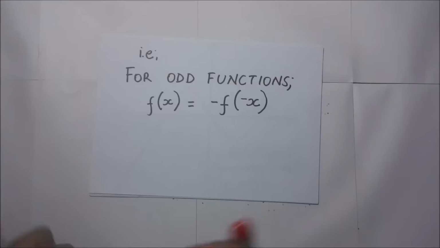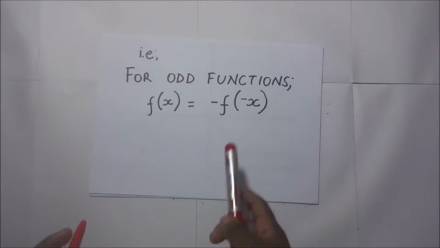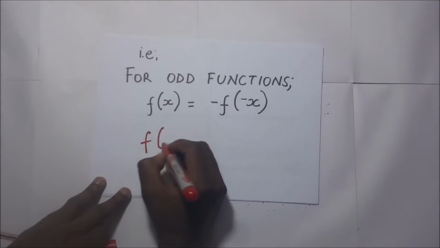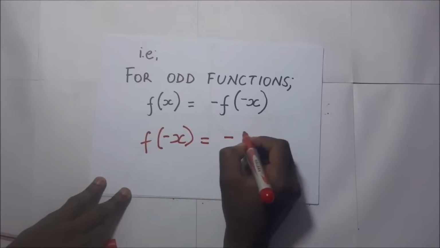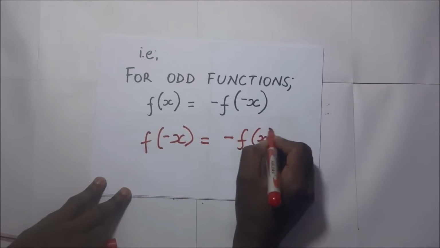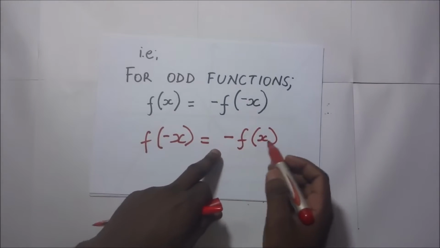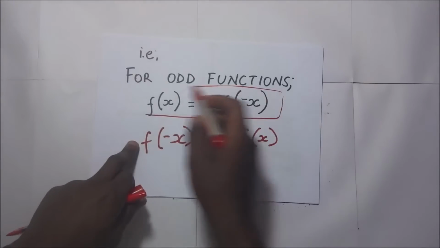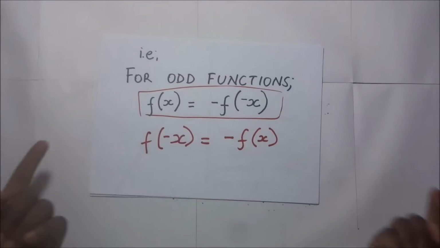More accurately, when we put a negative value in there, it's going to return a negative, like that. And of course, if you multiply by negative on both sides, it turns out to be this expression. This is how the relation comes out for odd functions.